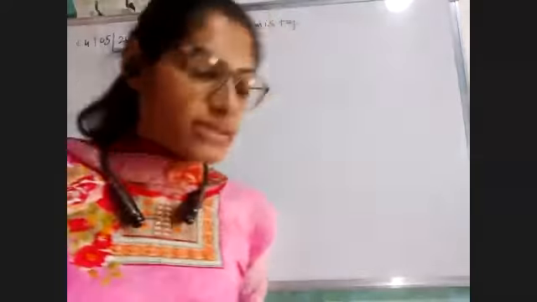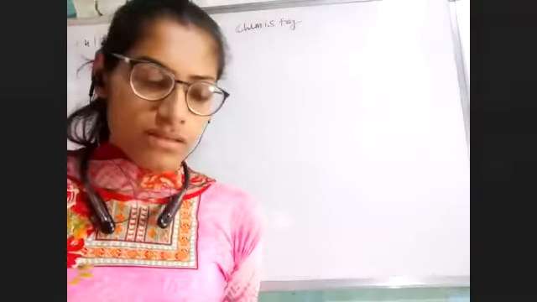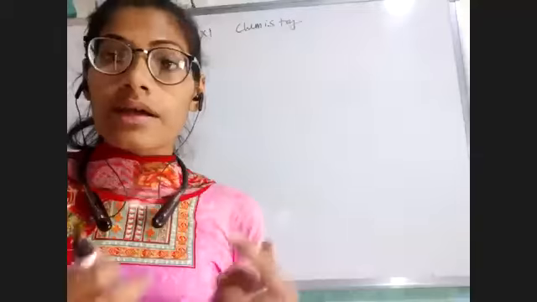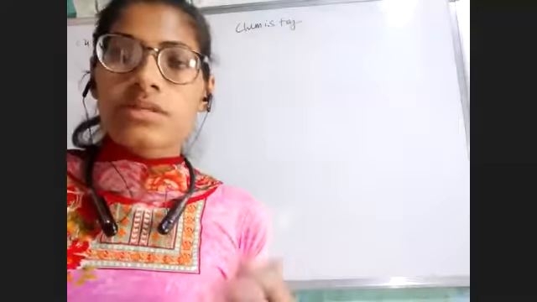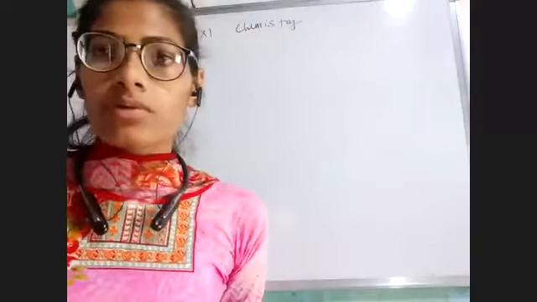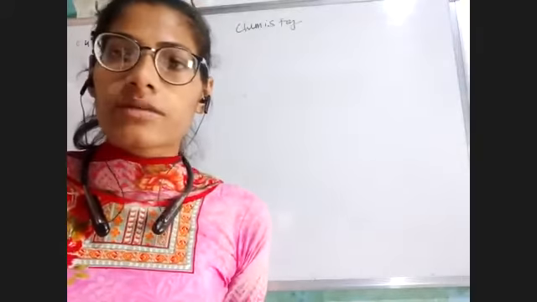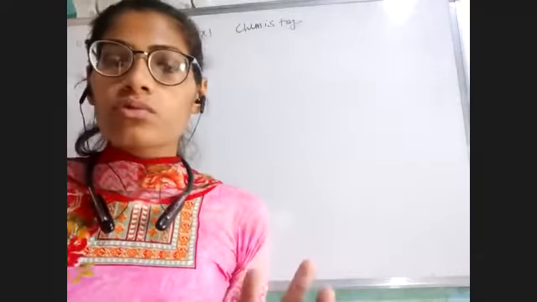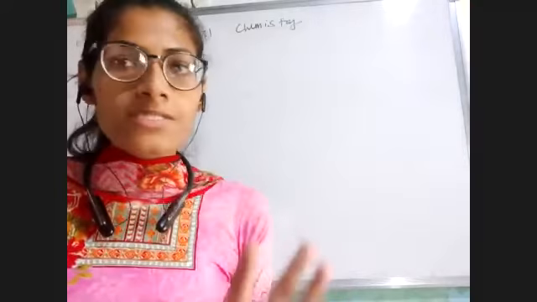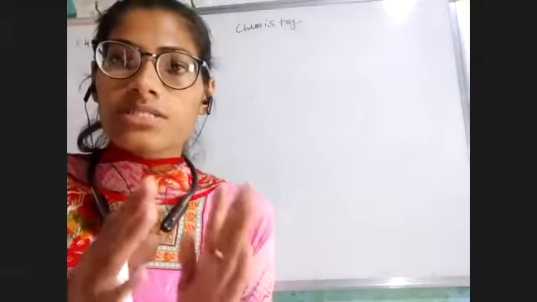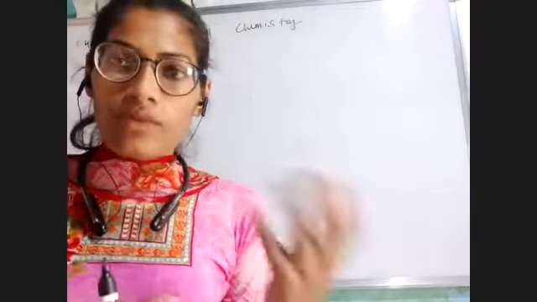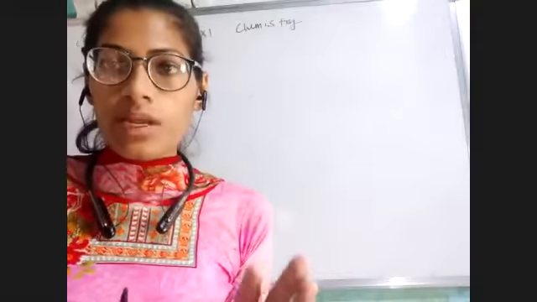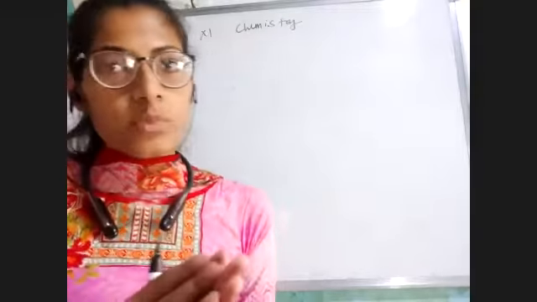See, Rutherford has told us that there is a nucleus, there are electrons, there are protons, and neutrons we have already known about. Chadwick has already told us, a scientist Chadwick. After all these observations, we also came to know that our atom must be neutral. That means the number of electrons and protons must be equal, so that positive and negative charge is balanced.